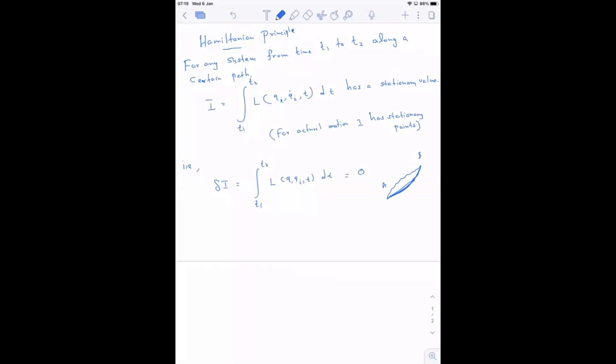So that's what you do normally. So let me just have a note here. Function itself, and look how the integral changes.